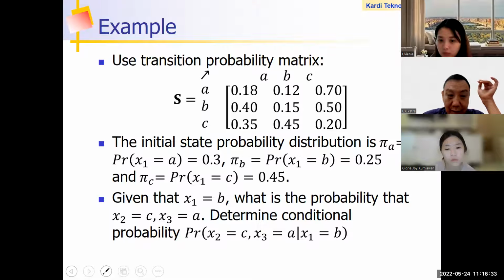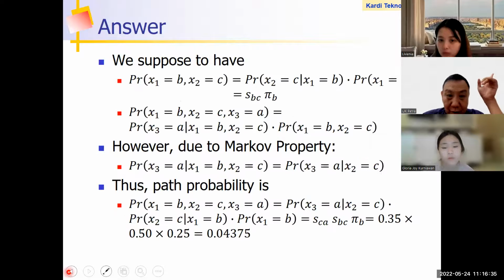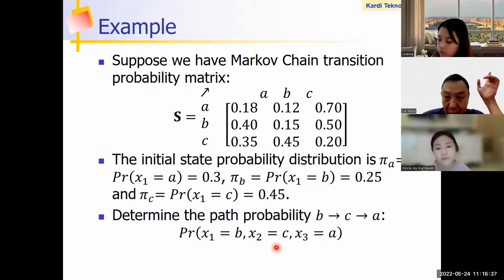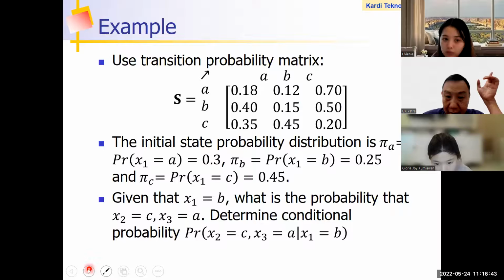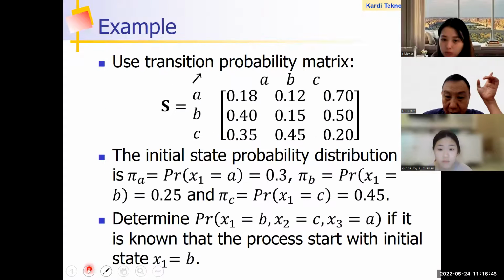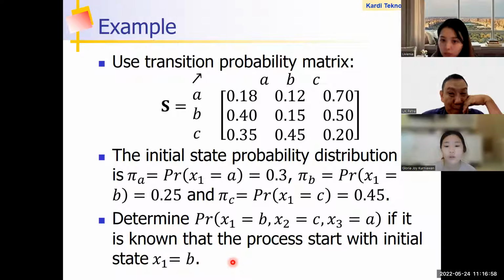And then the first one that Joy was practicing, I used the joint probability. Now I'm using exactly the same joint probability, but I'm telling you it's known that the process starts with x1 is b.